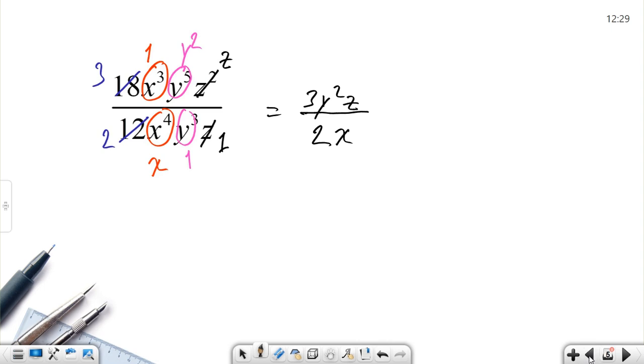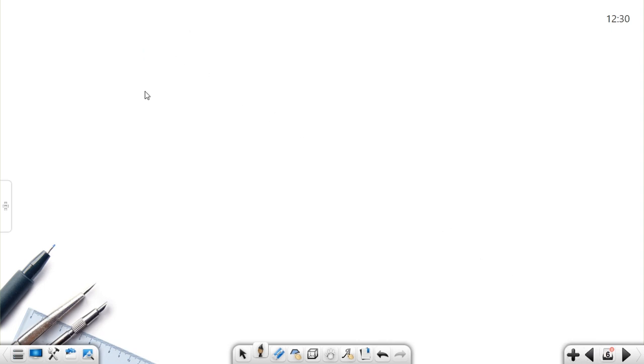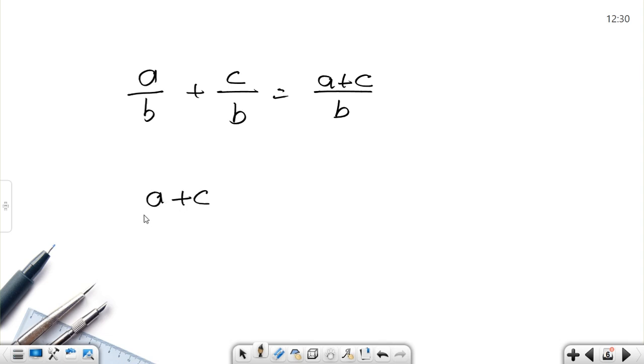Let me show you some things about fractions. We all know a over b, any fraction, plus another number c over b. Denominators are the same. We can write it as a plus c, the sum of the numerators, over the common denominator. If you think that's equal, I can separate it.